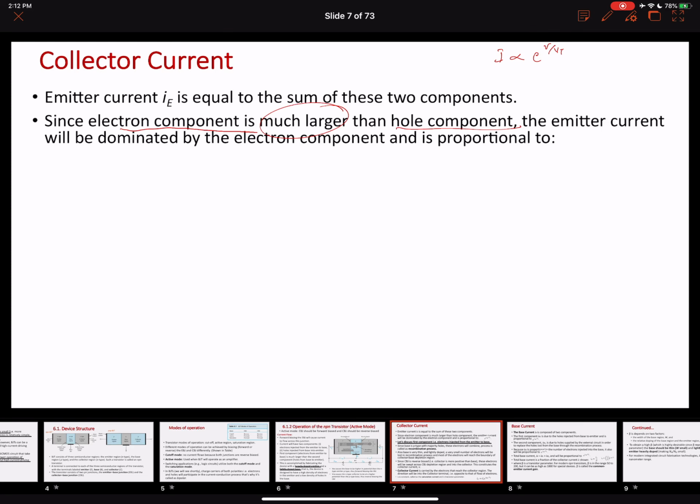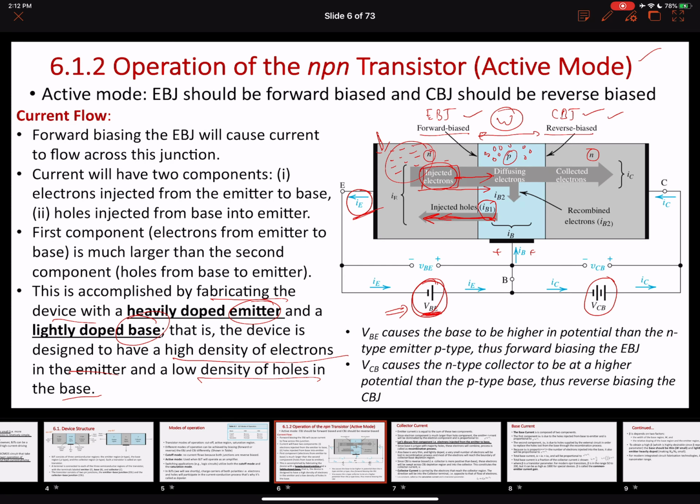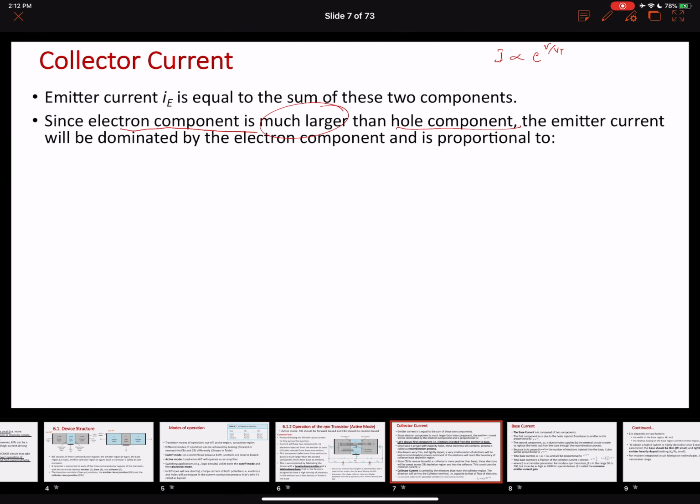The biasing voltage to this emitter-base junction is VBE. So the current flowing from the emitter to the base is proportional to e raised to the power VBE over the thermal voltage.